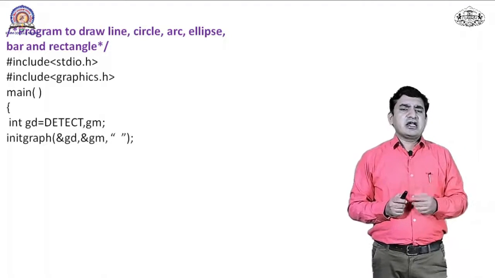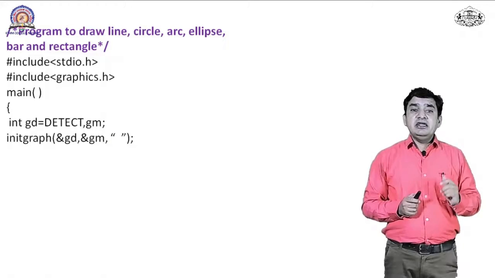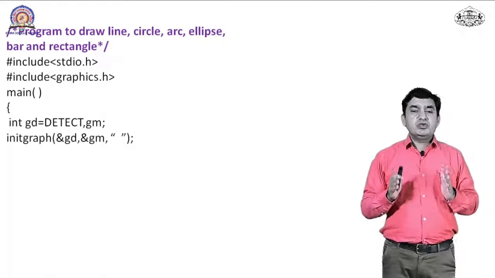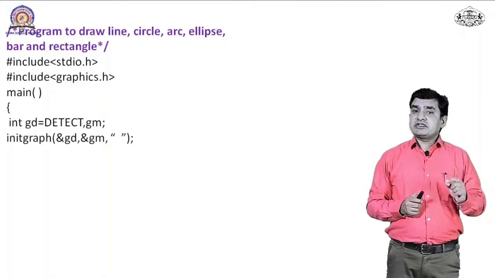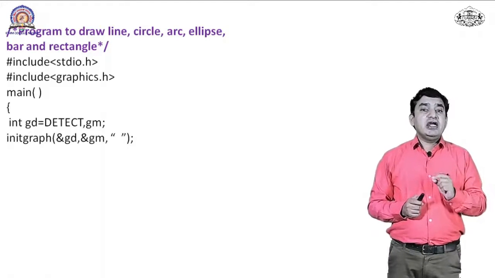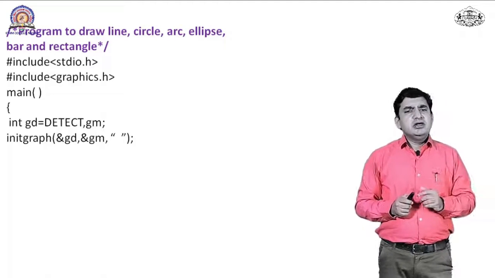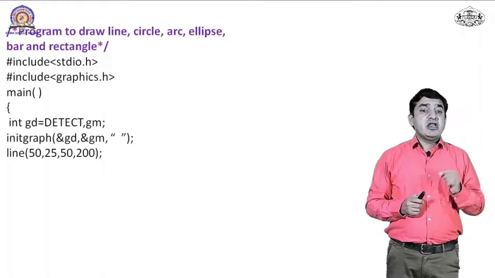Then initgraph with &gd and &gm. initgraph is used to convert the text mode into the graphics mode, and &gd and &gm, where & is an address operator. Then the next is a line.